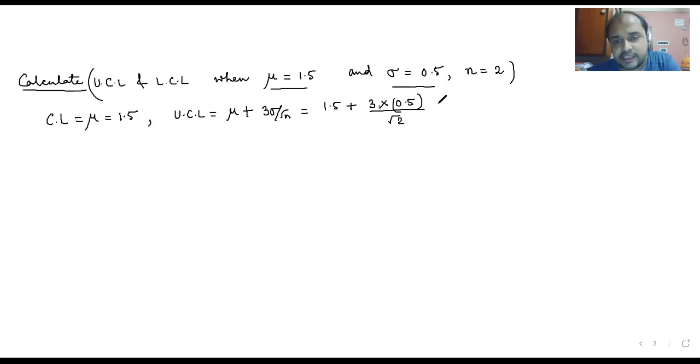You can calculate this term very easily, and LCL will be mu minus 3 sigma by root n, which is 1.5 minus 3 into 0.5 by root 2. You can calculate this term very easily.